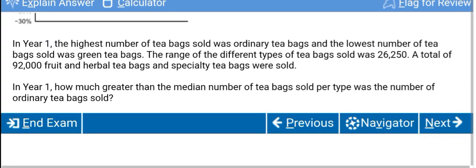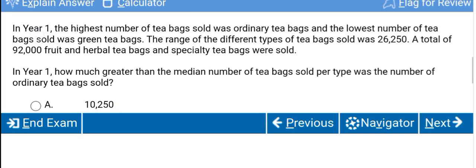In year 1, the highest number of tea bags sold was ordinary tea bags, and the lowest number of tea bags sold was the green tea bags. The range of the different types of tea bags sold was 26,250.